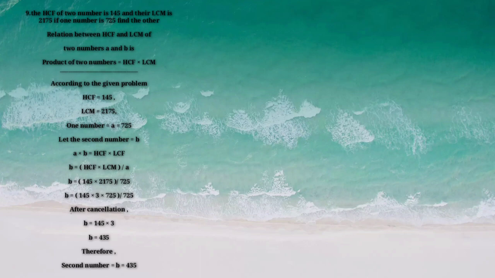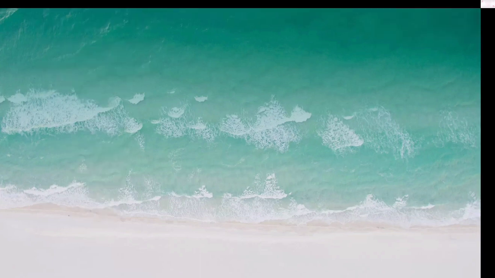LCM of A and B into HCF of A and B is equal to A into B. Means product of two numbers is equal to product of LCM and HCF. Students, according to the data, the value of HCF is 145 and the value of LCM is 2175. So students, finally you can eliminate B. By eliminating B, you can find your result 435.